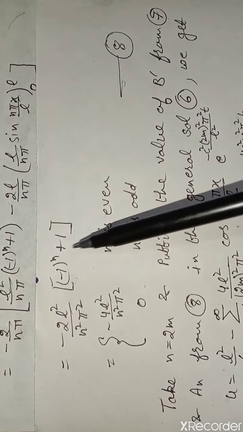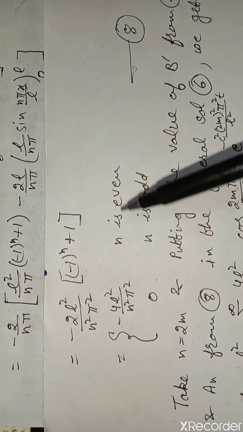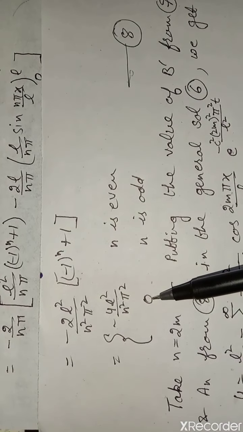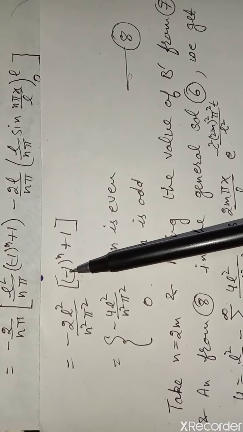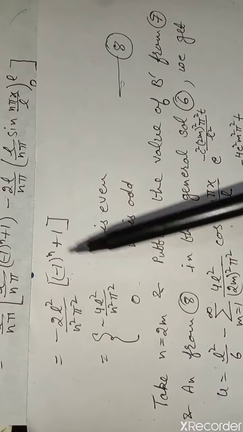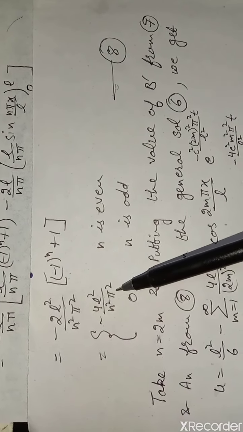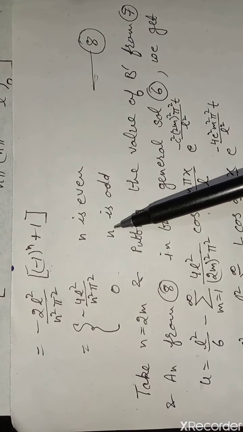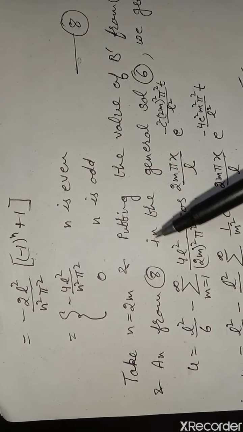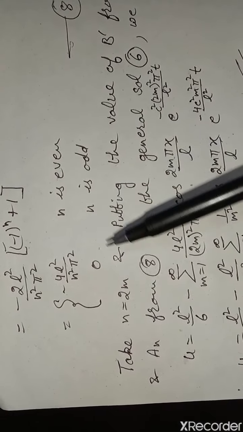Now if n is odd, then this part is 0, so an is 0 when n is odd. If n is even, the value of this part is 2, so an is minus 4L square by n square pi square. So in the summation, where n is from 1 to infinity, for odd values of n all the terms are 0.